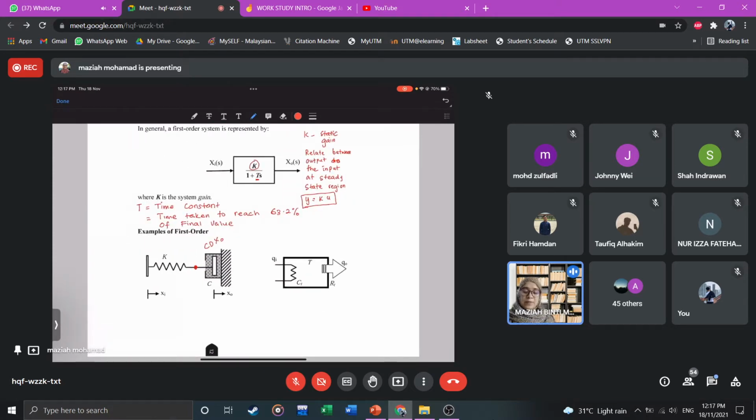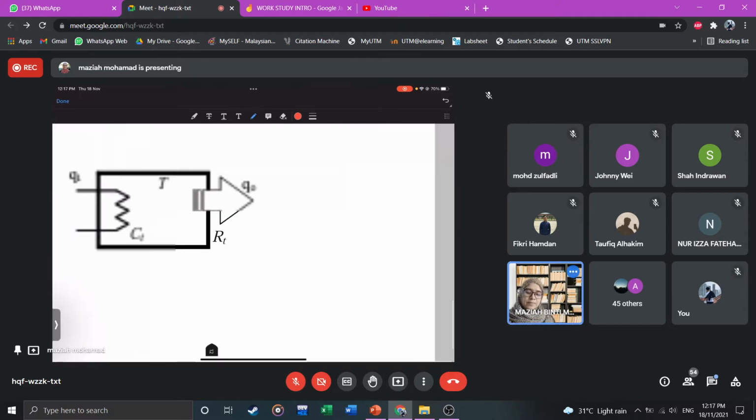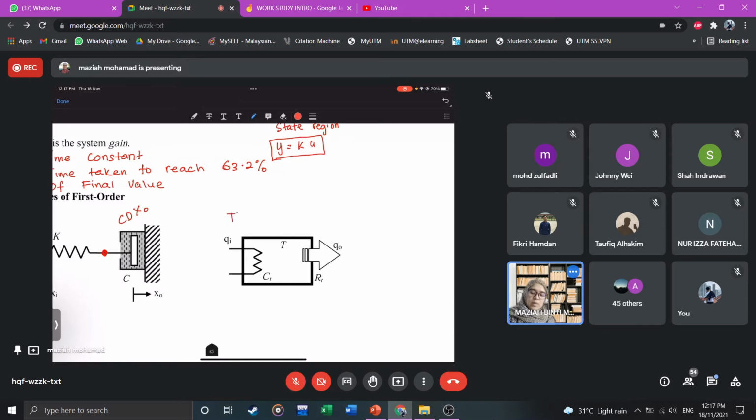The second example of a first order system is the thermal system. For the thermal system, the highest order is also for the capacitor: C d theta/dt is equal to Qi minus Q naught.